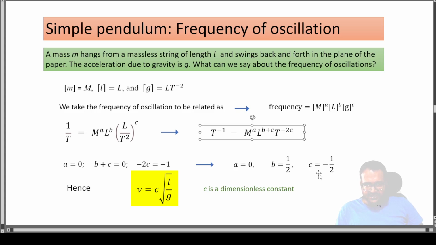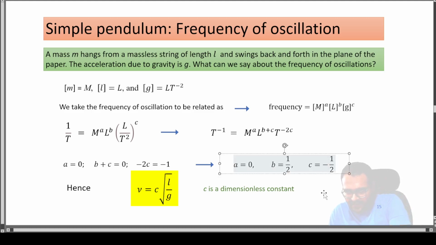Just a minute. I got it a little bit wrong, I guess. Minus 2c is minus 1, so c should be half. So I got it wrong. I'm very sorry about it. c is half, b is minus half, a is 0.